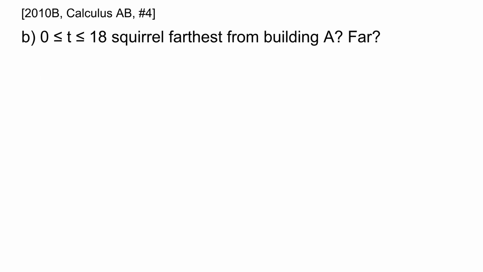In part B of this question, we are asked about the interval from 0 to 18 inclusive, and we need to determine when the squirrel is farthest from building A and how far it is.